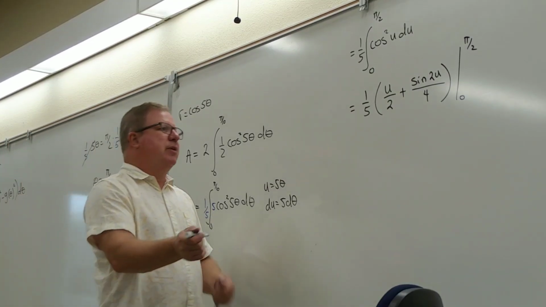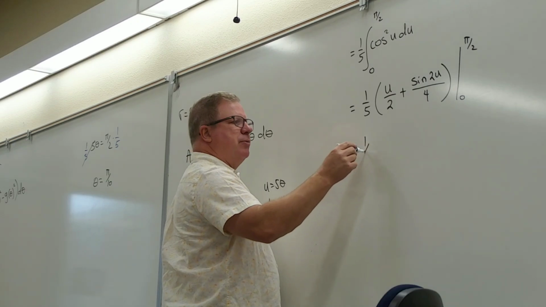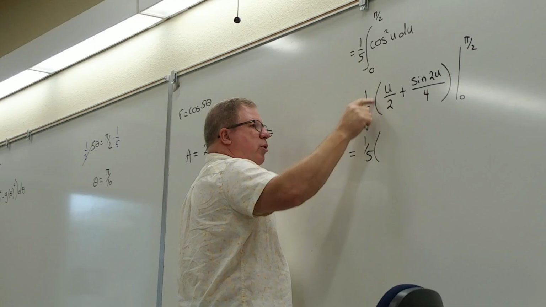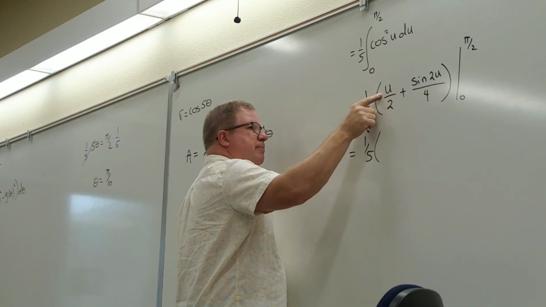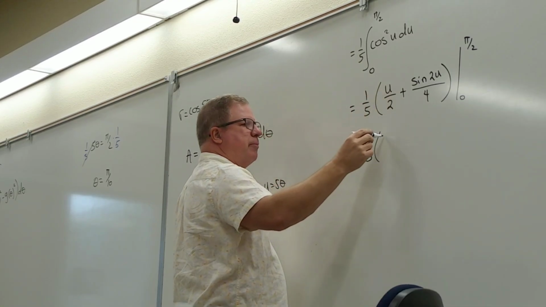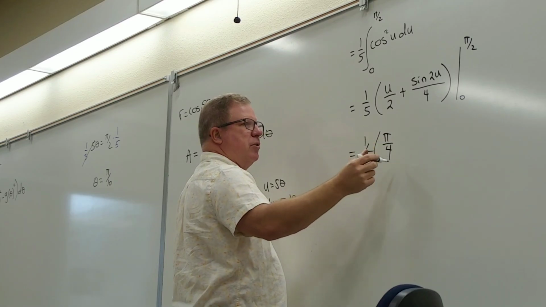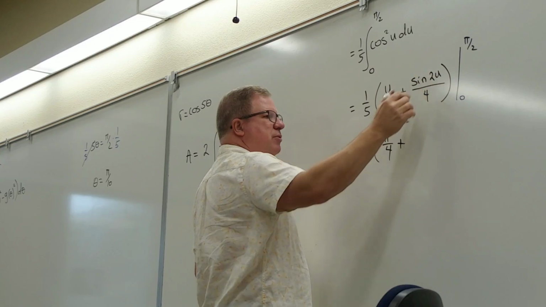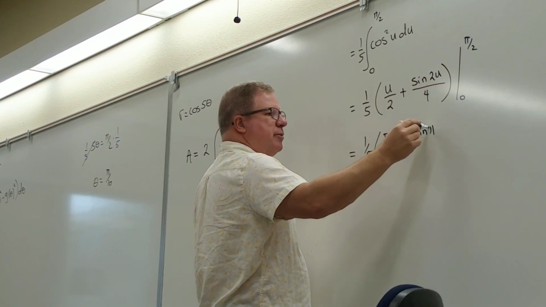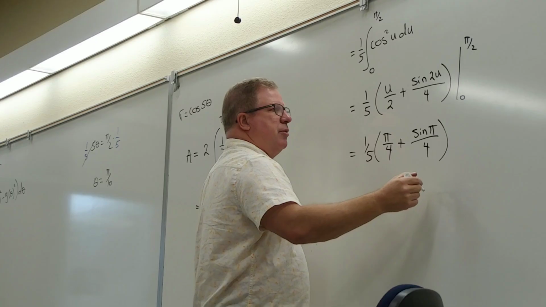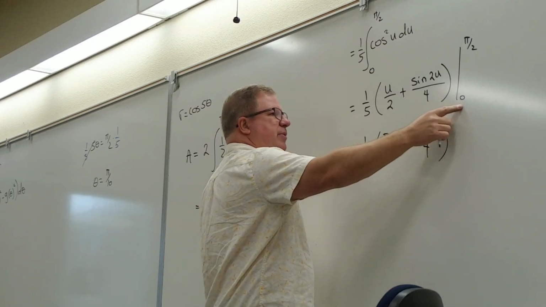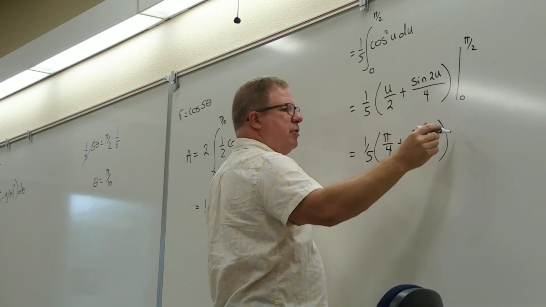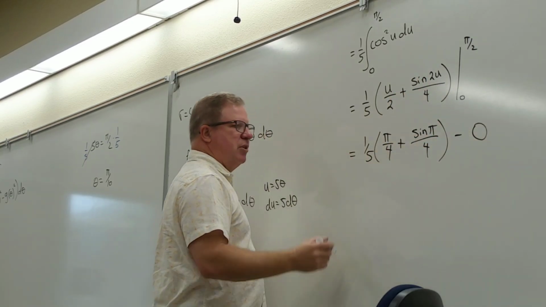Let's go ahead and use this one. So putting in pi over 2, if I put pi over 2 in for u, this will work out to what? Pi over 4. And plus, if I put pi over 2 in for u, the 2's cancel and we get sine of pi. If we put in 0, we're going to get 0 here, we're going to get sine of 0, which is 0. It's all going to be 0.